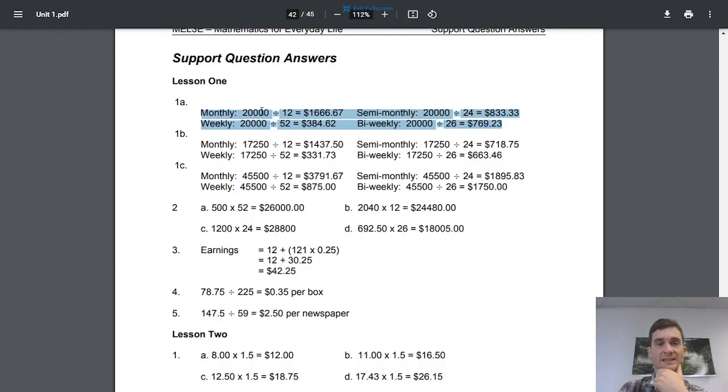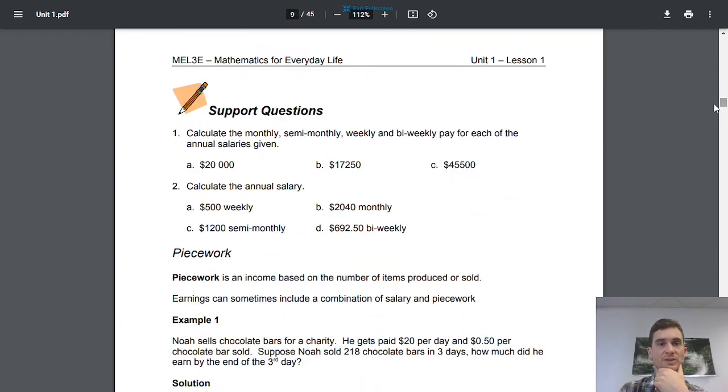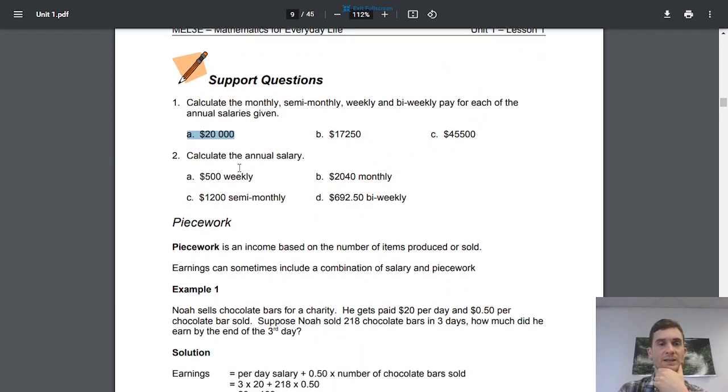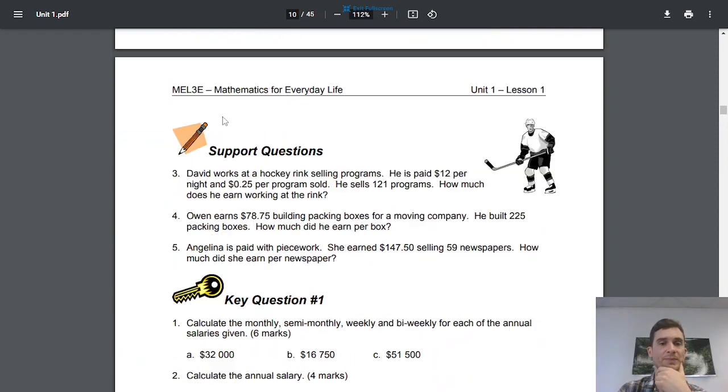And this is exactly how your answers should look when you complete the key questions. So remember this number 20,000, and we'll see that it's just up here in the support code. There's the 20,000. Okay?